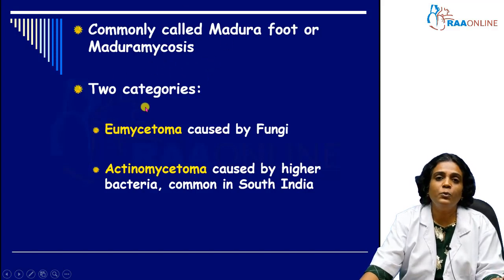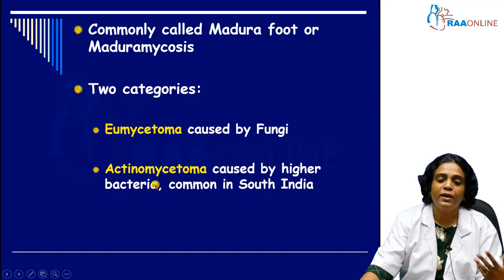And now there are two types of this mycetoma. One is eumycetoma. As the name suggests, it is true mycetoma. It is caused by fungi. And the second one is the actinomycetoma. It is mainly caused by higher forms of bacteria like actinomycetes and Nocardia. So this actinomycetoma is very common in the southern part of India.